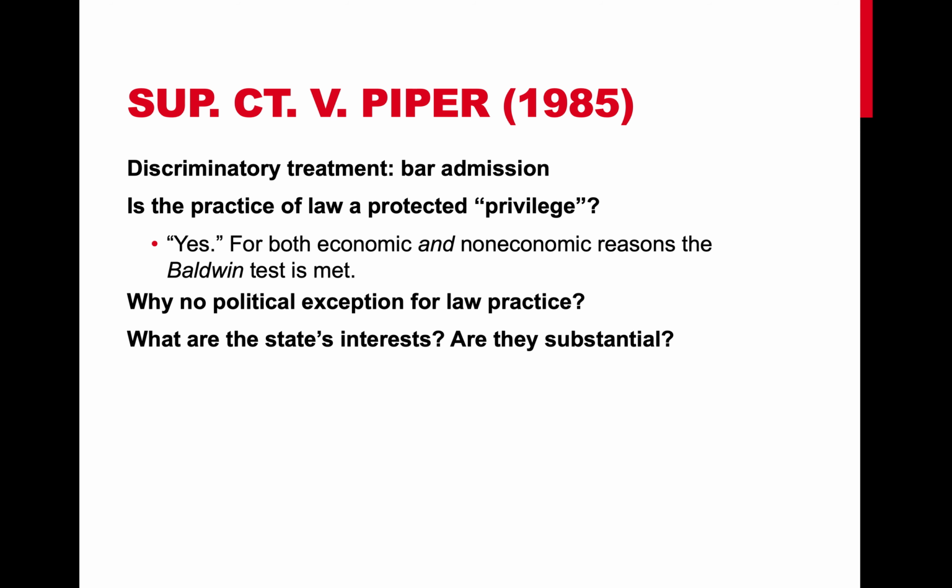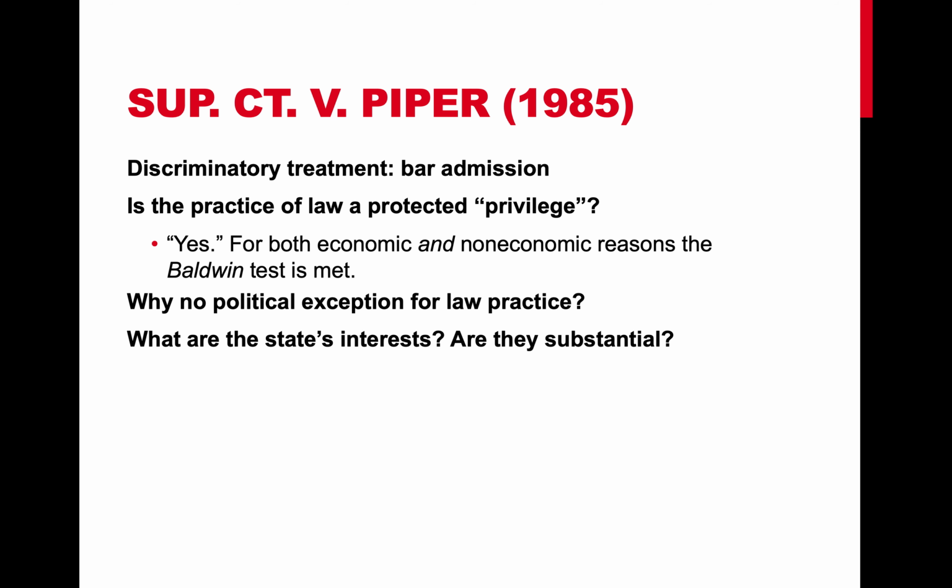So if you go back to that test at the bottom of 383, they reject the idea that there's a substantial relationship between the rules and the state's objective, right? The first one, becoming familiar with local rules and procedures: the court says there's no reason to believe that you would need state residency in order to do that.